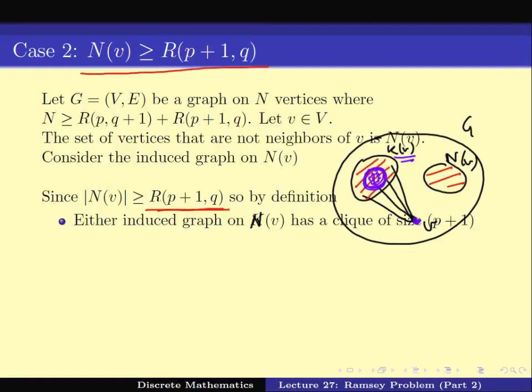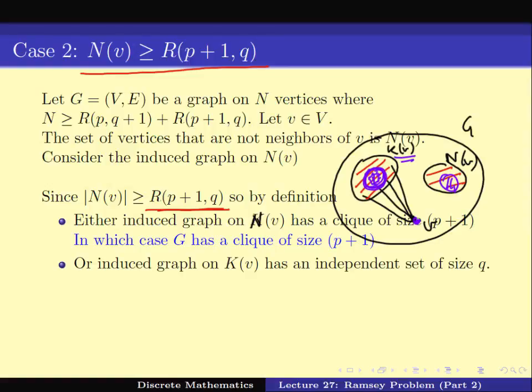Either this NV has a clique of size p plus 1. In that case, this whole thing is still a clique of size p plus 1 in the original graph. And if not, the other thing is that NV has an independent set of size q.